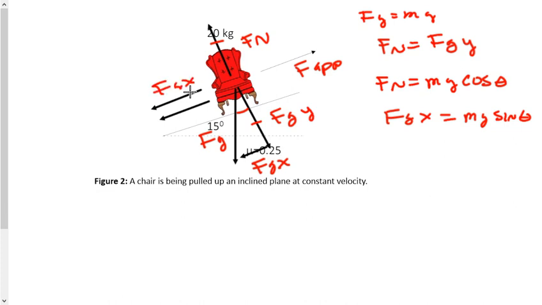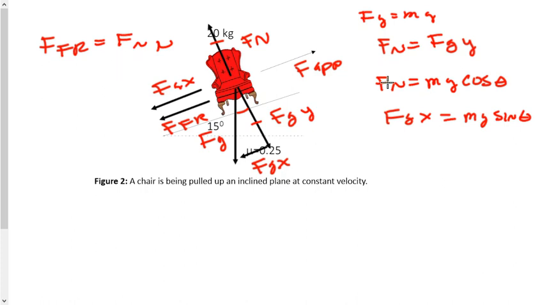Force gravity x is going to be opposing the motion going upwards because it's pulling down the incline. And then the other force going against that motion would be force of friction. Now remember, force friction is always force normal times mu. That never changes. But how we get force normal can definitely change.